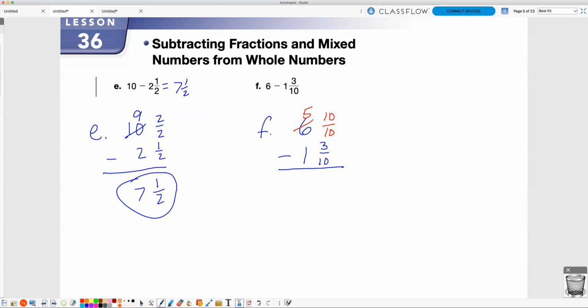Once I've completed that portion, now I just take 10 minus 3, which is 7. The 10 remains as the denominator when adding and subtracting fractions. And for the whole numbers, I have 5 minus 1 equaling 4. So I should have 4 and 7/10 for the answer to this one.